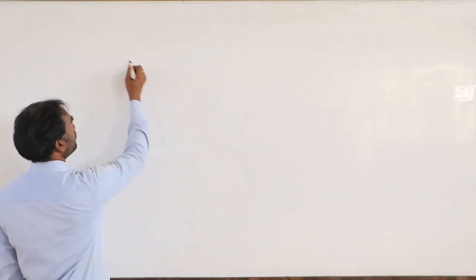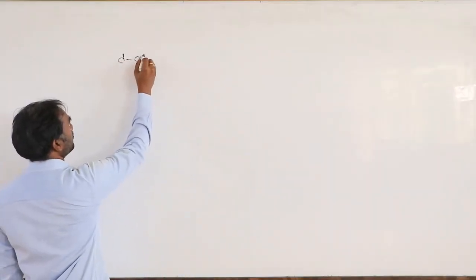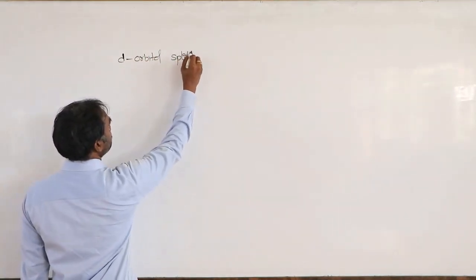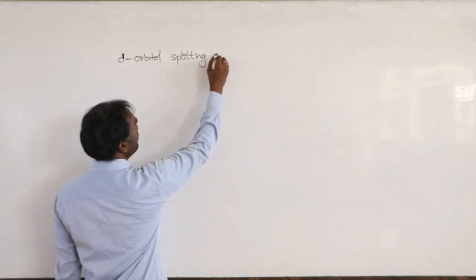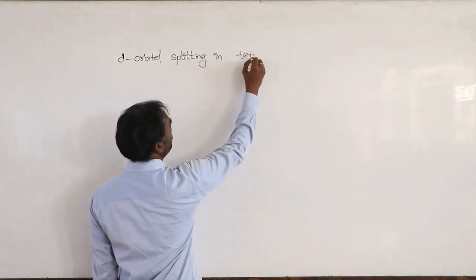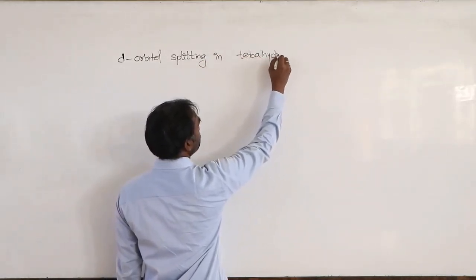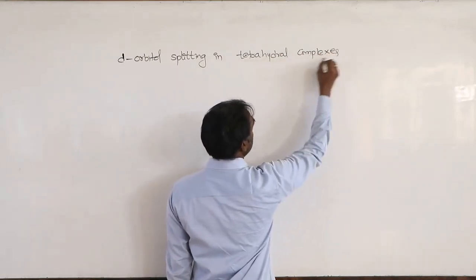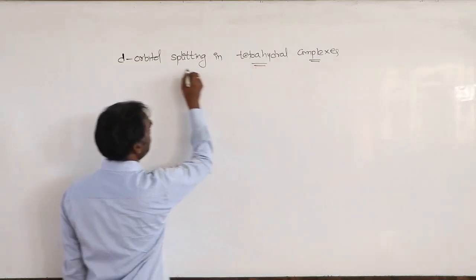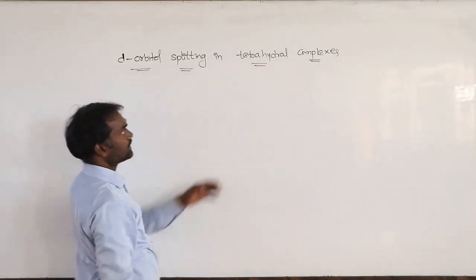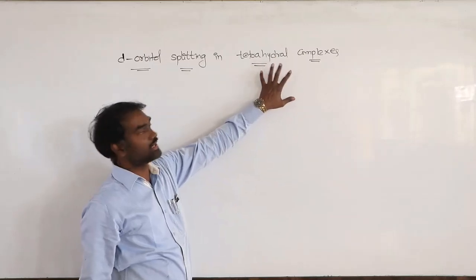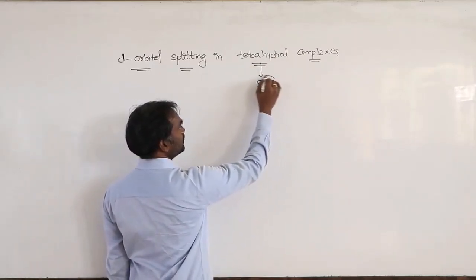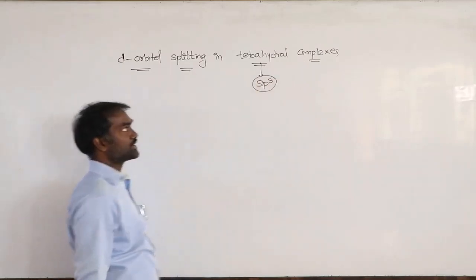So now we are discussing d orbital splitting in tetrahedral complexes. See, previously we discussed octahedral complexes and now tetrahedral. So tetrahedral hybridization is what? sp3. So in sp3, 4 are there.